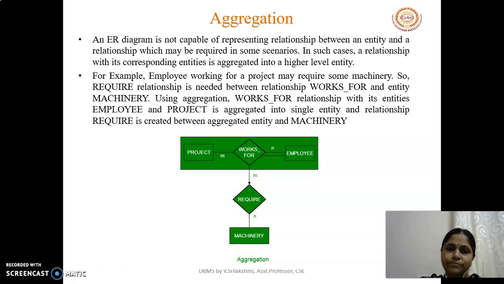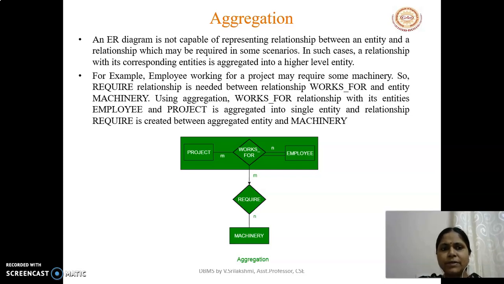In this way, we are going to observe that more relationships and more entities can be exhibited rather than the earlier traditional methods of ER modeling, where we have seen the student entity, faculty entity.